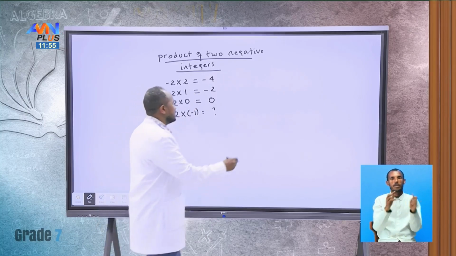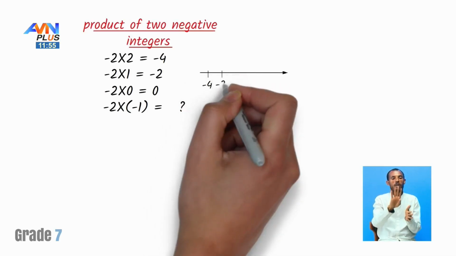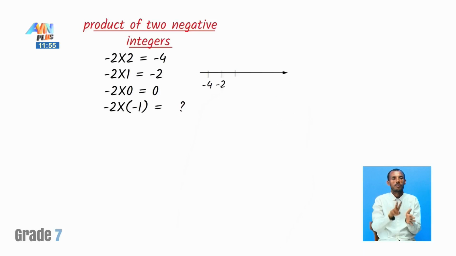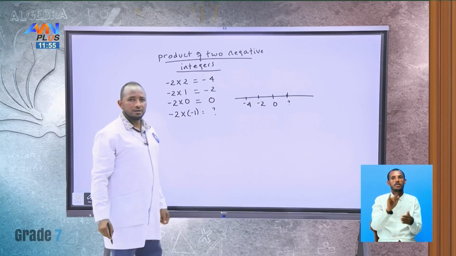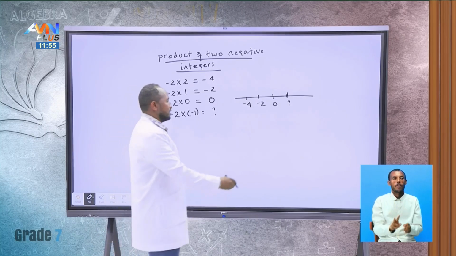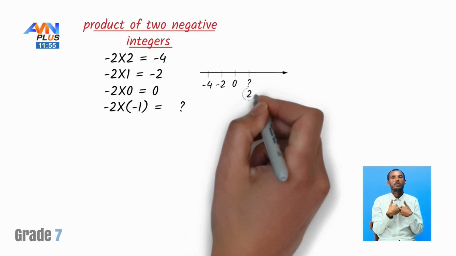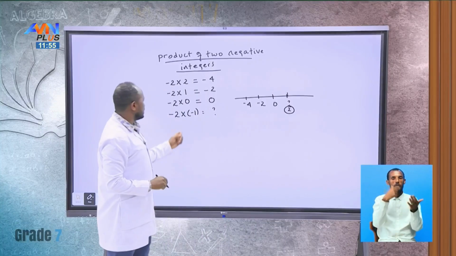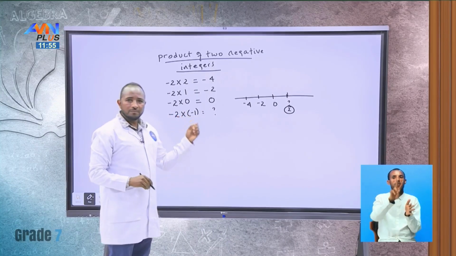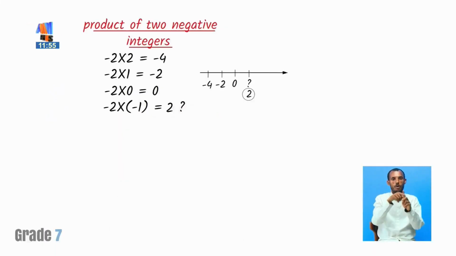Let's see this pattern on a number line. Assume there is negative 4 here, negative 2, and 0. What will be the answer here? The answer will be 2. Very nice. Next in the row, following the pattern, you have 2. Therefore, negative 2 times negative 1 gives us positive 2.